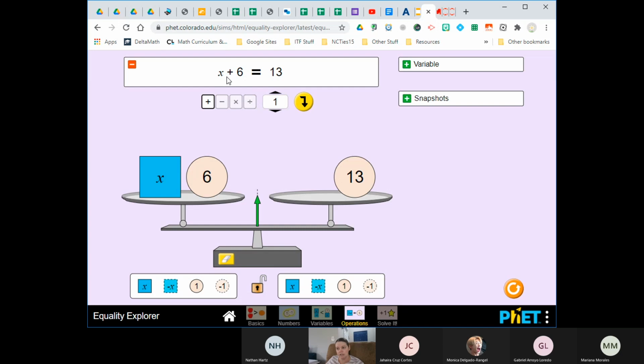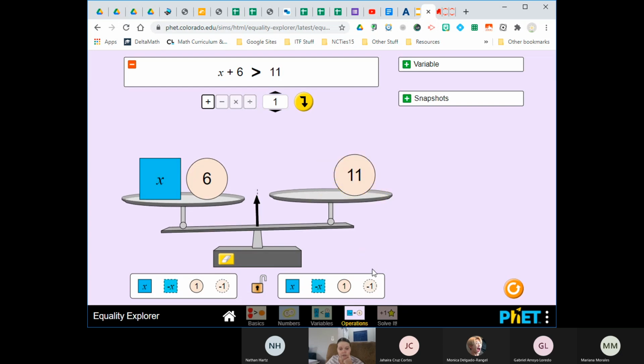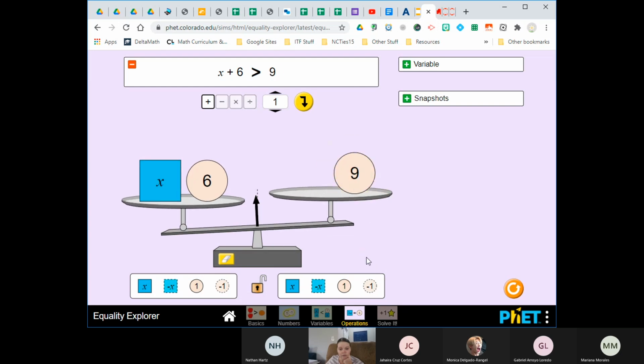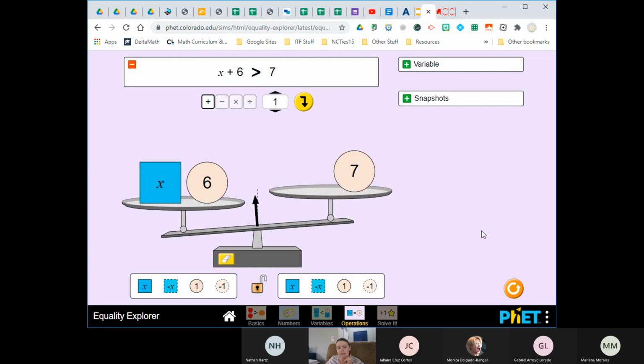To undo addition, I would do the opposite, which is subtraction. So I am going to subtract 6 from this 13. Here's 1, 2, 3, 4, 5, 6.